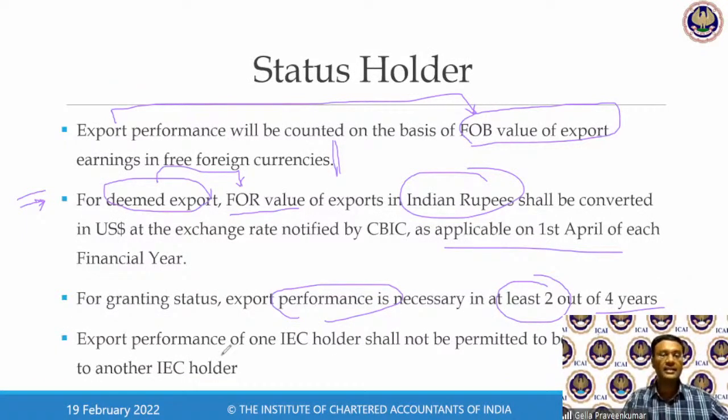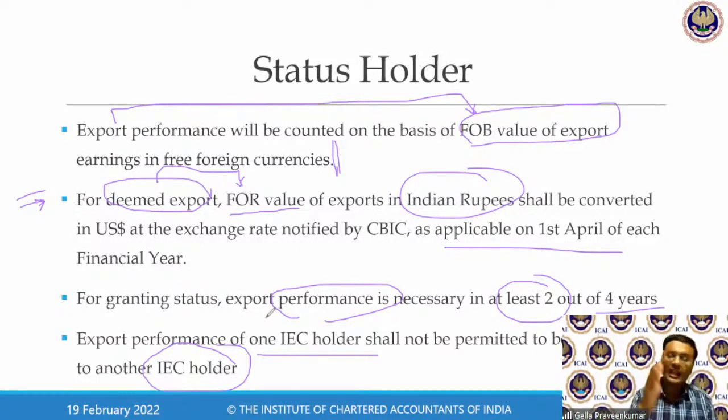Now, this is about transfer from one IEC holder to another IEC holder. Now, there was a mechanism where, I'll give a simple example here. There is something called net foreign exchange. So what if I have not met my net foreign exchange compliance? As an EOU unit, I was supposed to make exports.